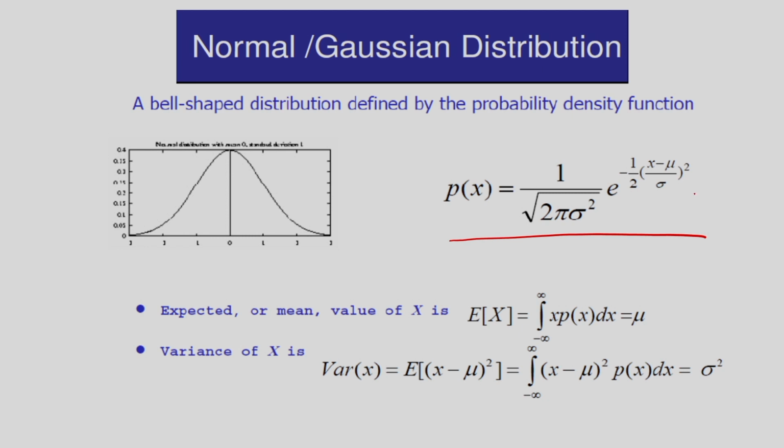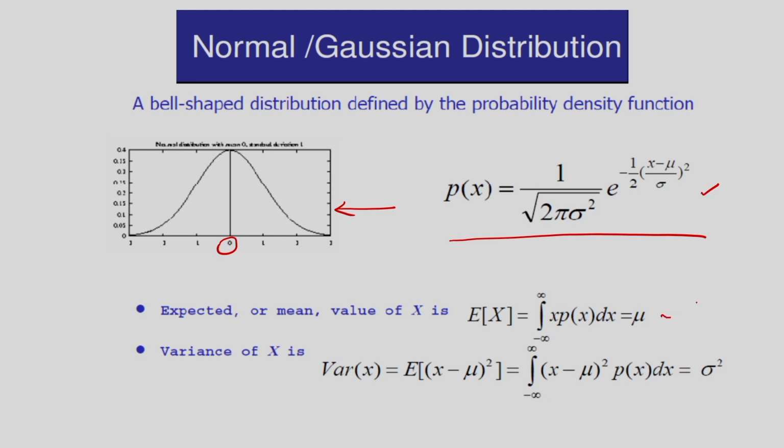That is the normal distribution, and corresponding to this you can see the bell shape distribution. This bell shape is the PDF p(x), the probability density function, and this is the normal distribution with mean 0. From this you can determine the expected value or the mean value of x.